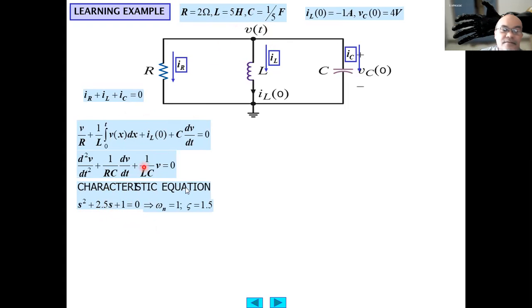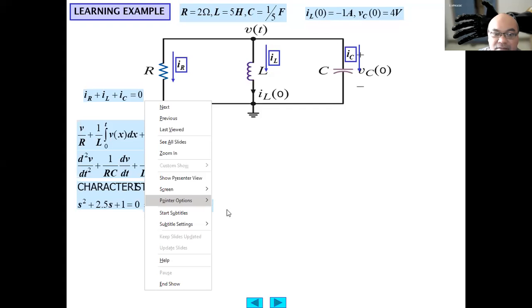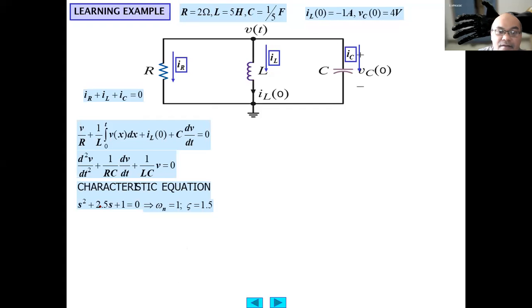So this equals 2 zeta omega n, and this equals omega n squared. So omega n is 1, 2 zeta times 1 equals 2.5, and zeta equals 2.5 divided by 2, so it's supposed to be 1.25. I'm not sure why this says 1.5.